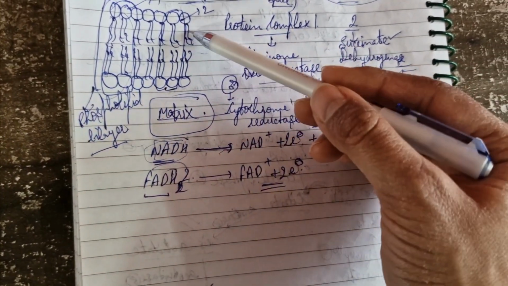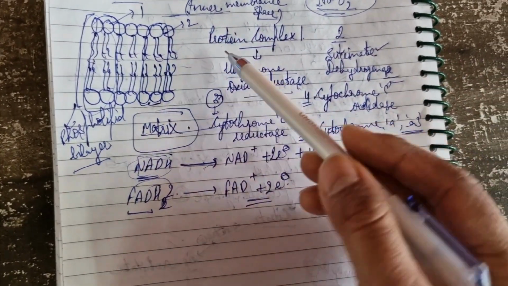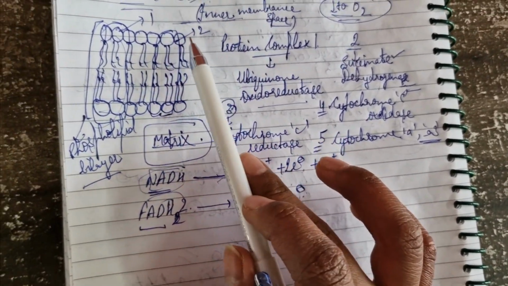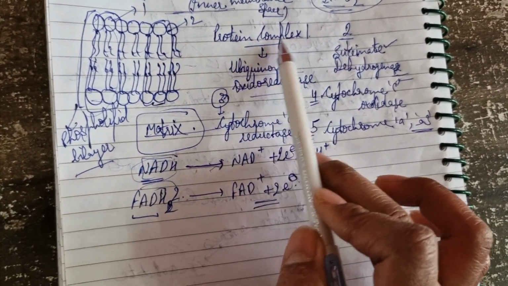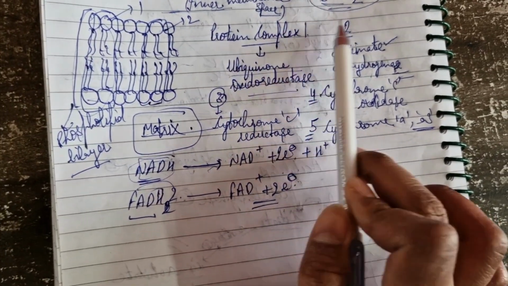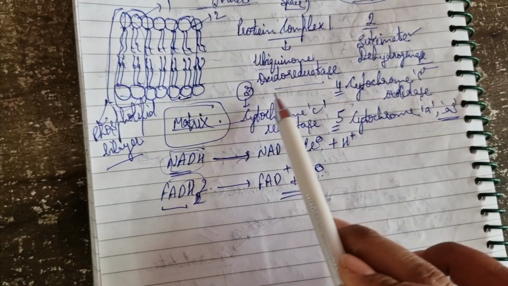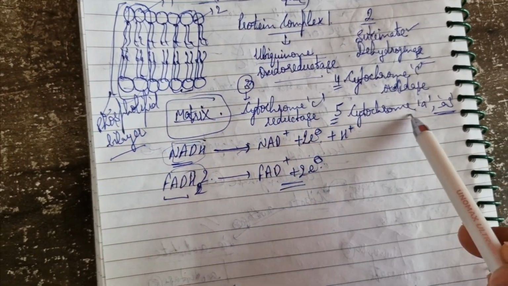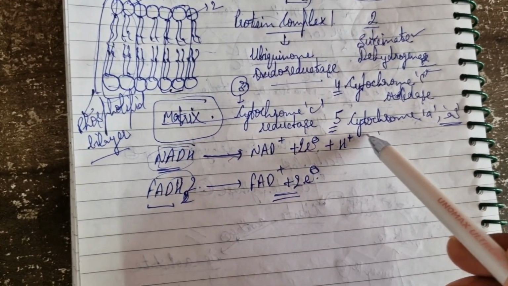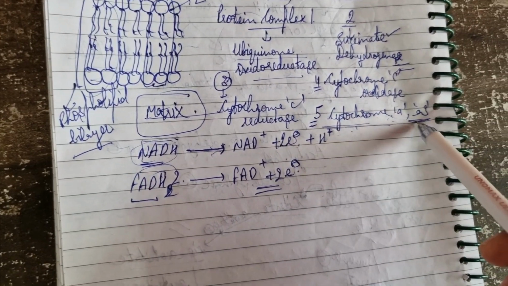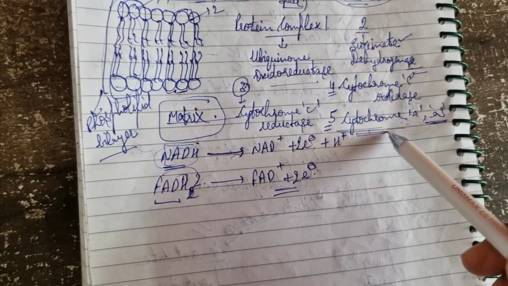This process of electron transfer in the phospholipid bilayer takes place sequentially from protein complex number 1 to 2, then from complex number 2 to 3, then from 3 to 4, and then finally to cytochrome C, A and A3, protein complex number 5.